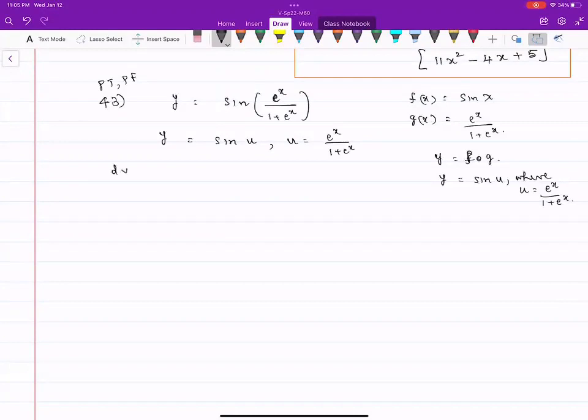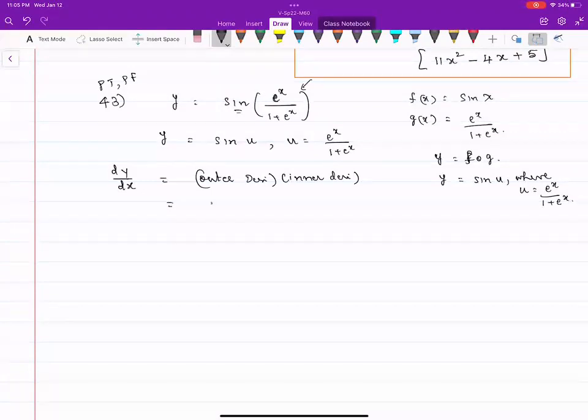So dy by dx will be outer derivative times inner derivative. The outer derivative is the derivative of sine, and the inner derivative is the derivative of u.